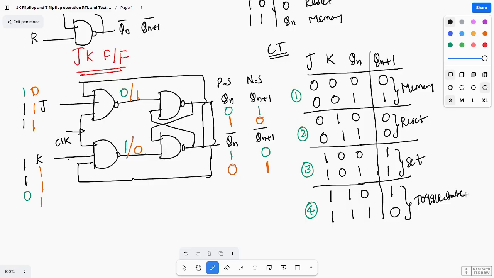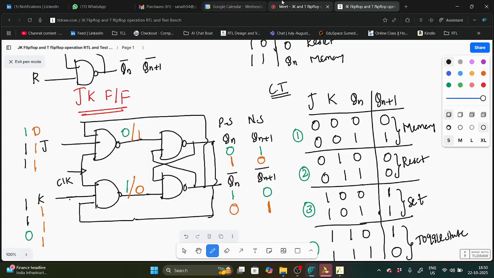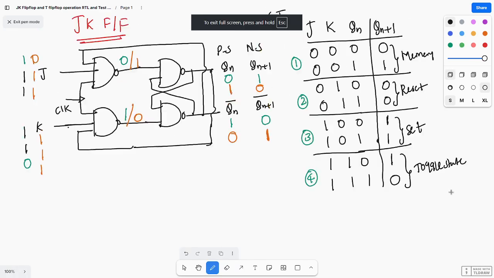This state we call toggle state. So whatever the unused state is there, that we are making as used state in the JK flip flop. That is the advantage of JK flip flop. Hope you understood.